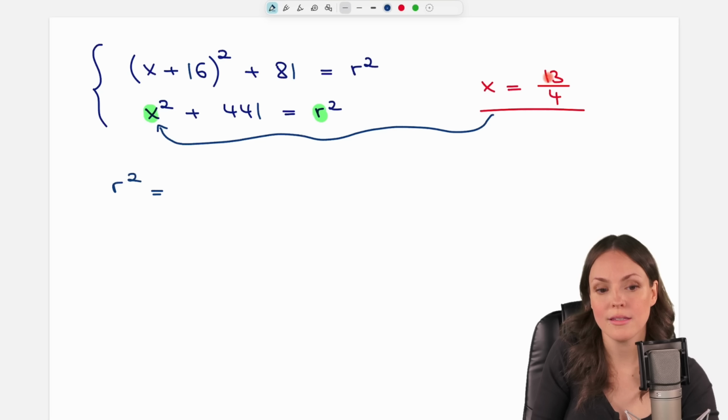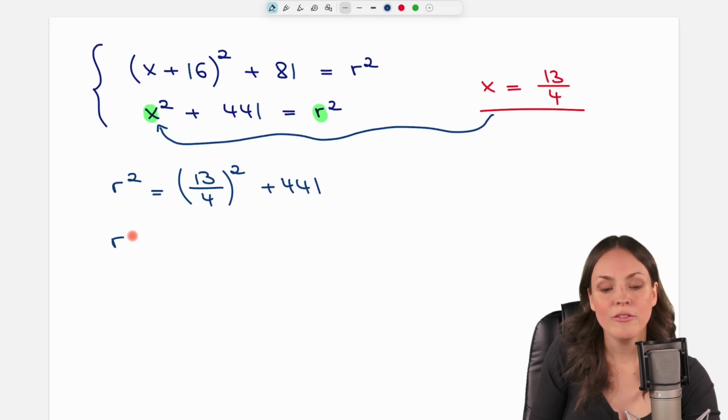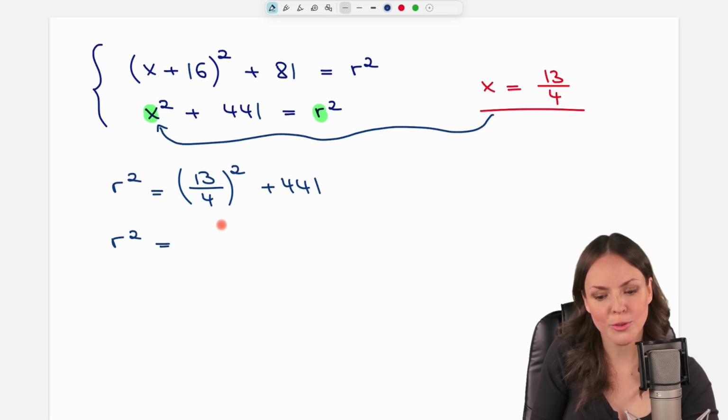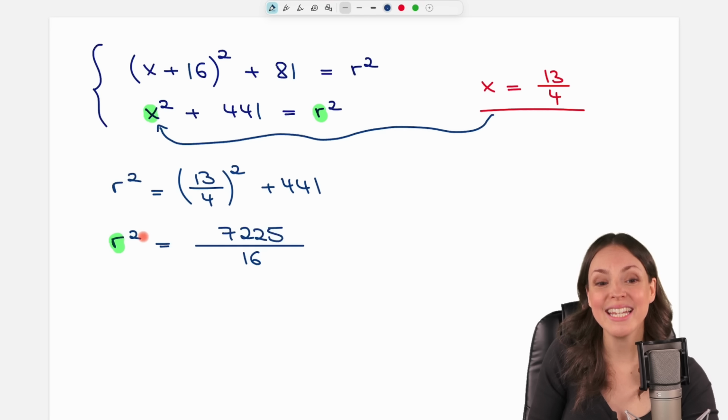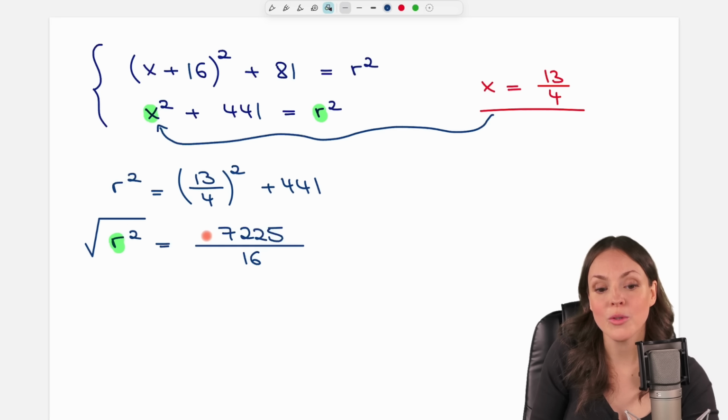So for x, we insert the 13/4. We have to square this thing and then add 441. If we calculate the right side, we get a beautiful fraction here of 7,225/16.